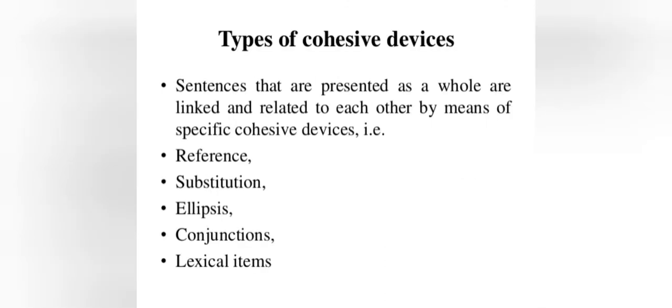Sentences are presented as a whole, and are linked and related to each other by means of specific cohesive devices. In total, in the English language, we have 5 cohesive devices.